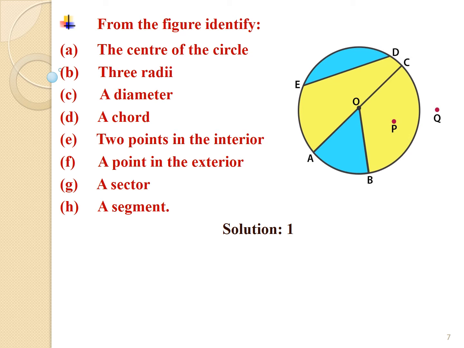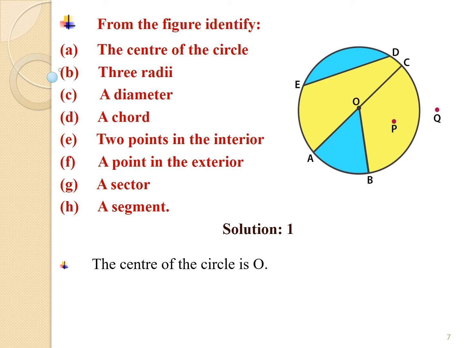So, let us solve question number 1. Sub A. The center of the circle is O. Students, note that O is the center, that is, the fixed point of the circle, and not point P.